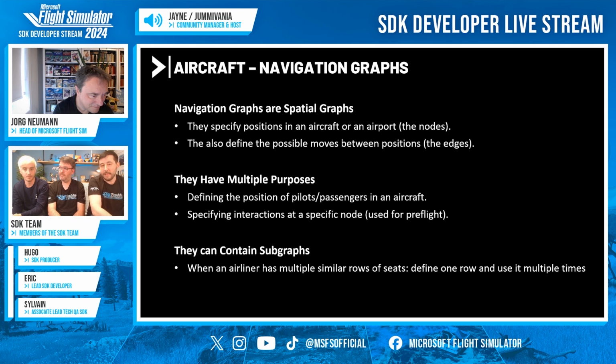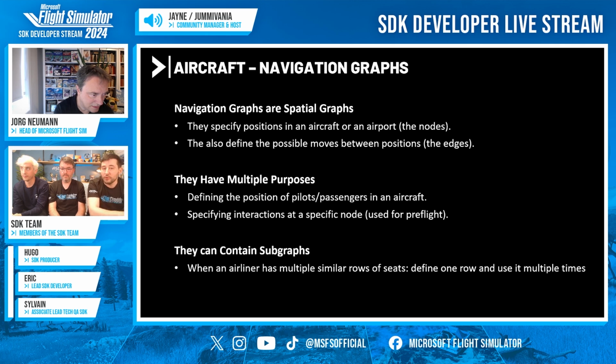Next big feature, the navigation graphs. The concept is simple. You can place nodes in the environment, whether it's the airport environment or the aircraft environment. These nodes will have properties or tags, and then you can create links that we call edges between all of those nodes. This concept is used across a lot of features in the sim.